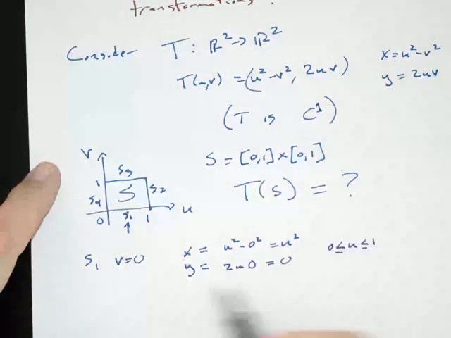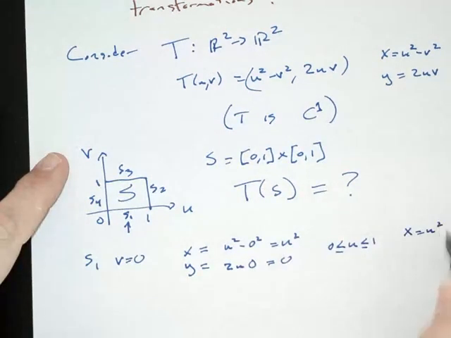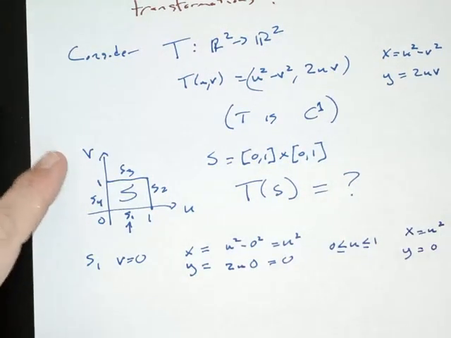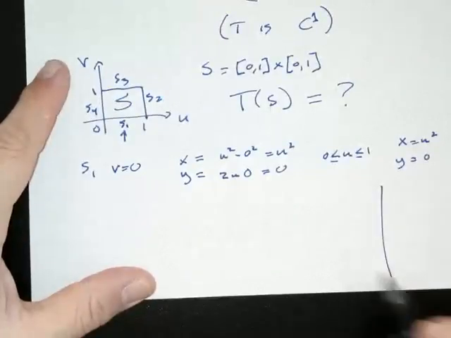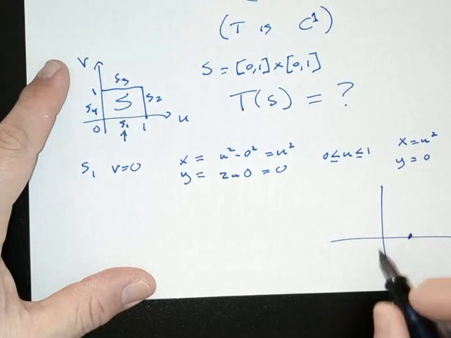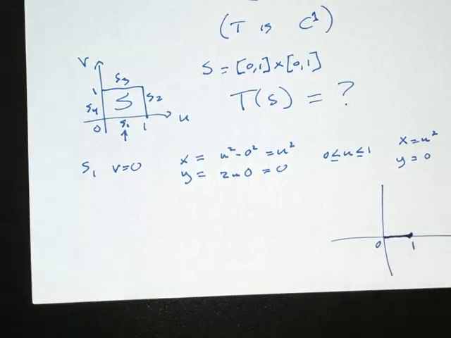Draw the parametric equations. X equals U squared, Y equals 0, for 0 less than or equal to U less than or equal to 1. What shape does that make? Y is always equal to 0 here, so I'm only going to go from 0 to 1 along that piece.